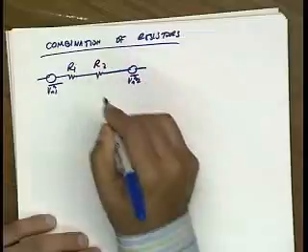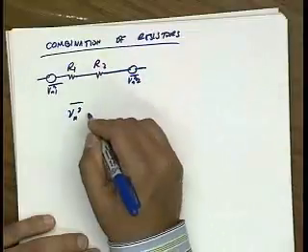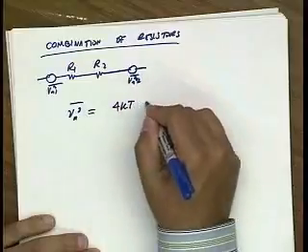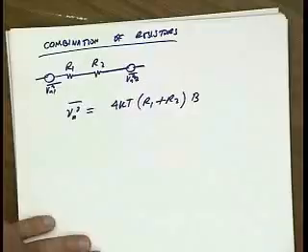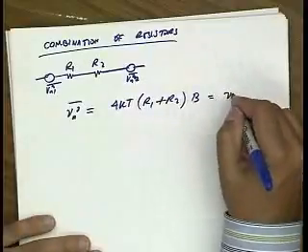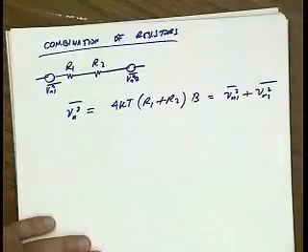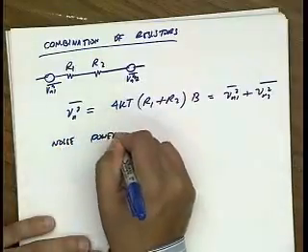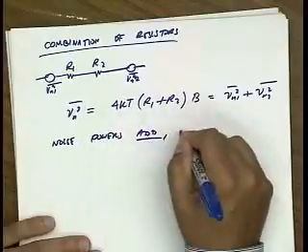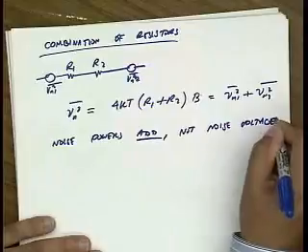It's not really a noise voltage. I'm talking about RMS values. Total variance is going to be 4 kT (R1 plus R2) times B, which is Vn1 squared plus Vn2 squared. So the important point is that noise powers add, not noise voltages. Okay?